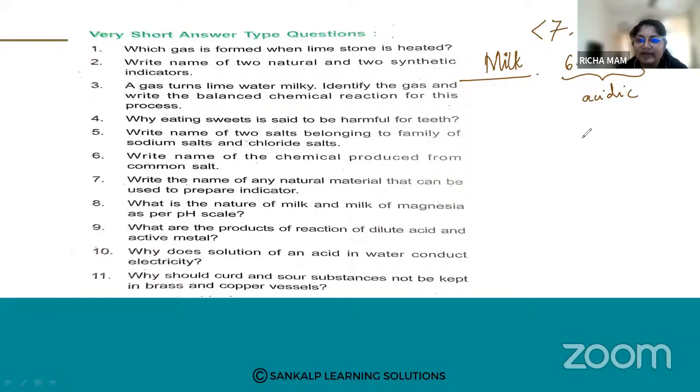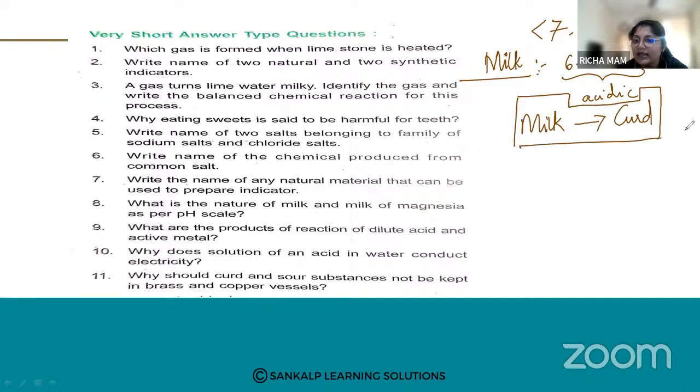So normal milk obtained from cows and buffaloes has a pH of 6.5 to 6.7, which is slightly acidic. This acidity causes the milk to form curd. Because of this acidic pH, milk can be converted into curd.